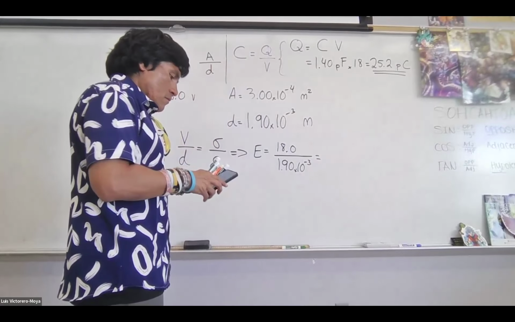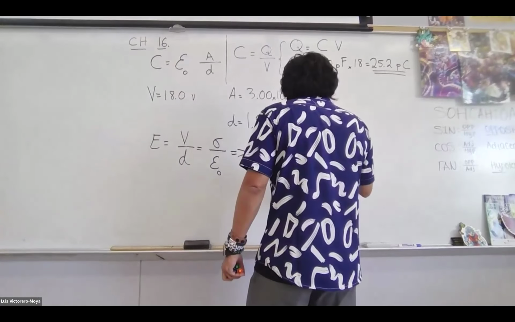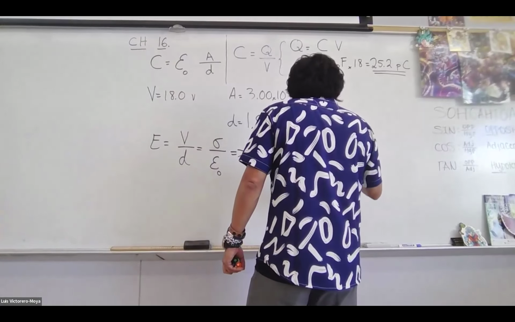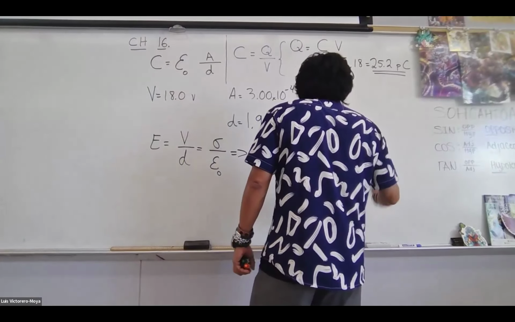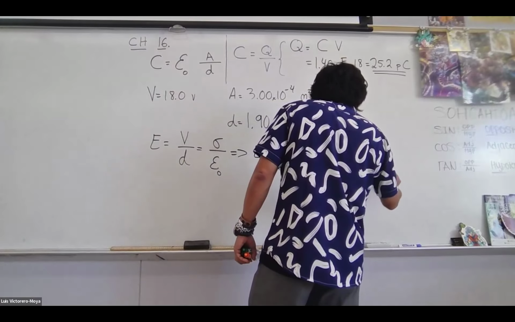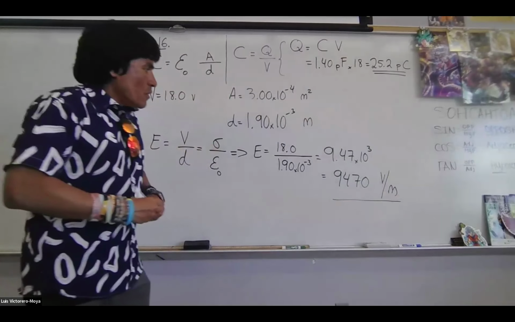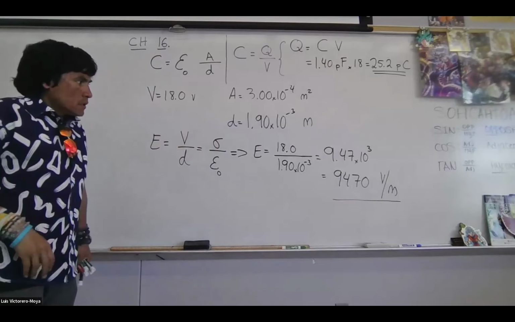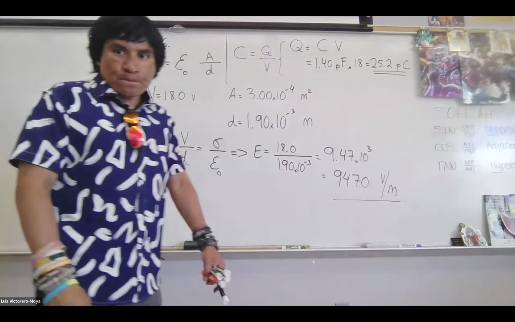That's 9.47 times 10 to the power of 3, which is 9,470 volts per meter. Quite large, as you would expect, given the separation. All right?